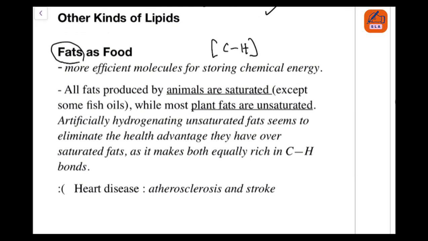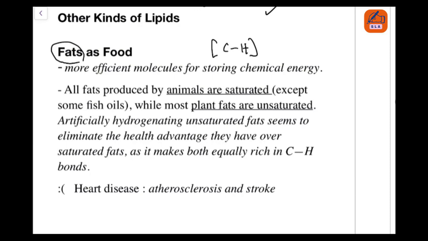You know that most of the fats produced by animals are saturated. Why? Because they have all the carbons saturated with hydrogen, and therefore the molecules cannot easily bend on one another, so they are not oils, but solids.